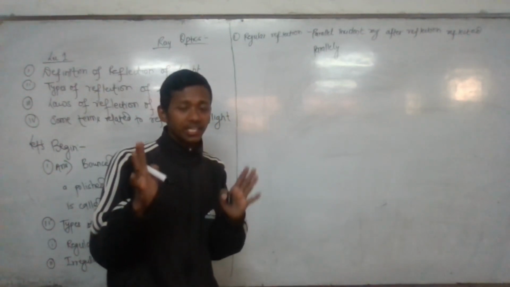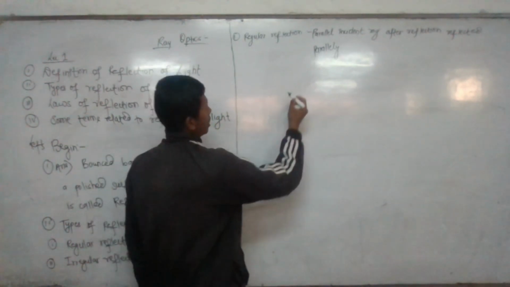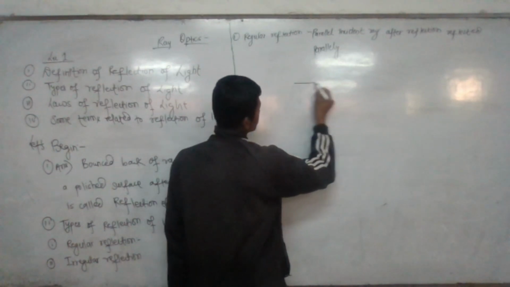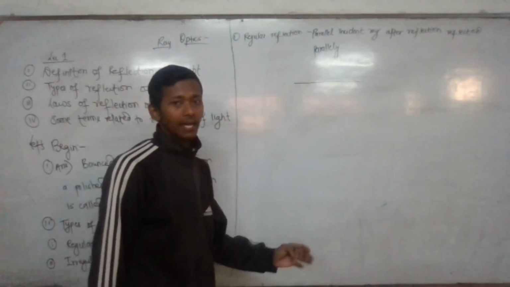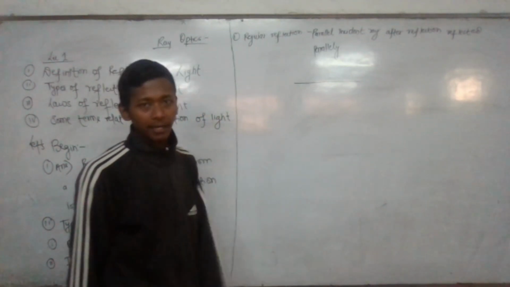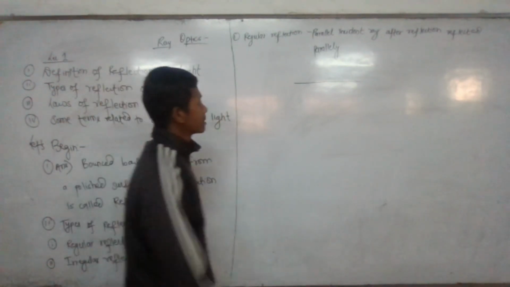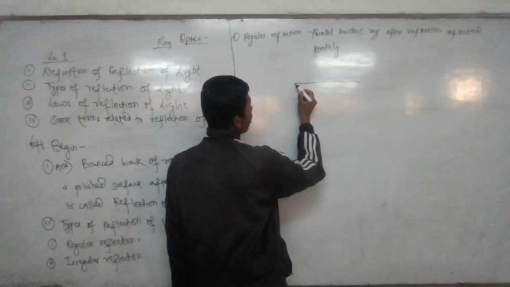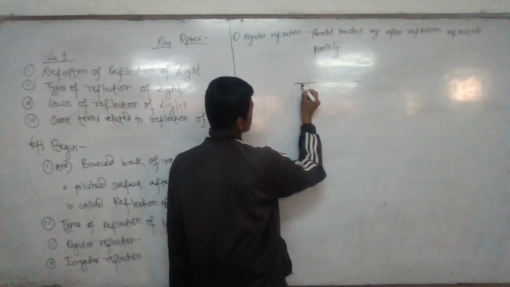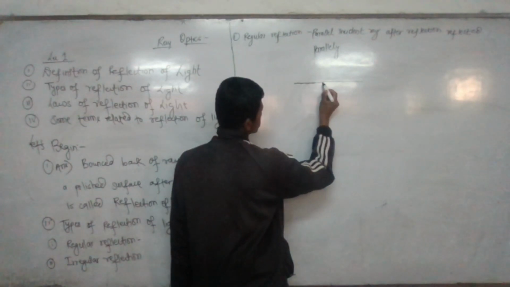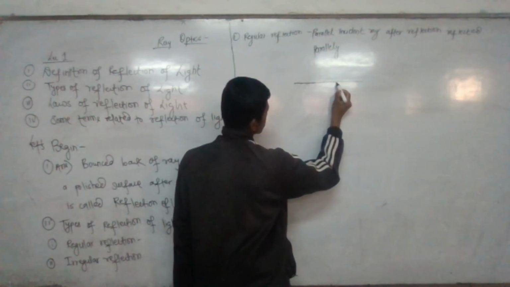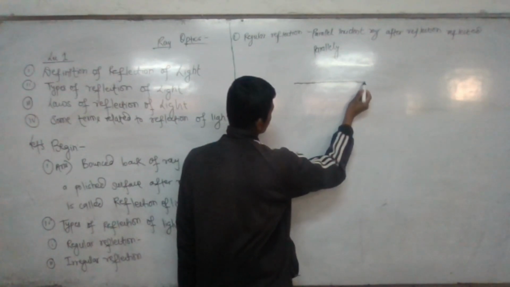If we see the concept at the molecular level, what is the reason behind a parallel incident ray reflecting parallel? The reason is that the molecules of a regular reflector are almost at the same level.